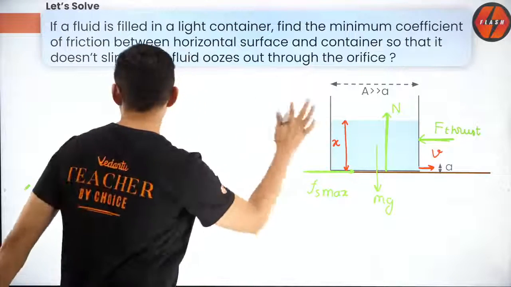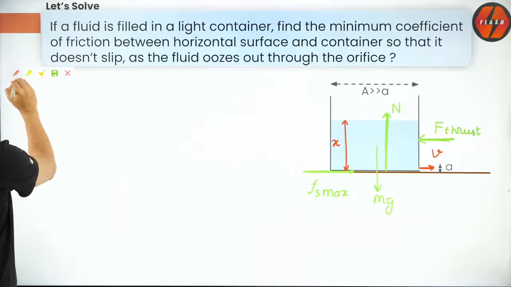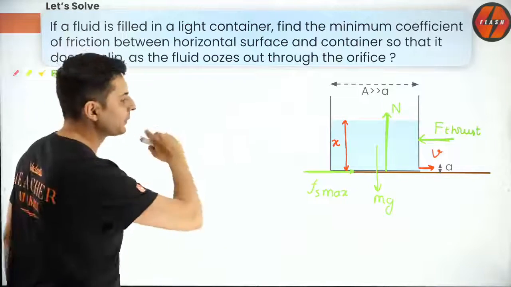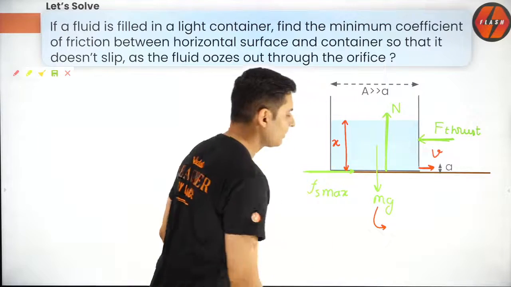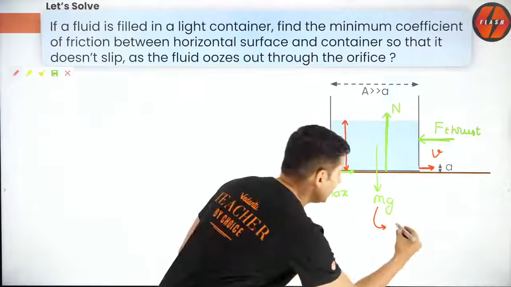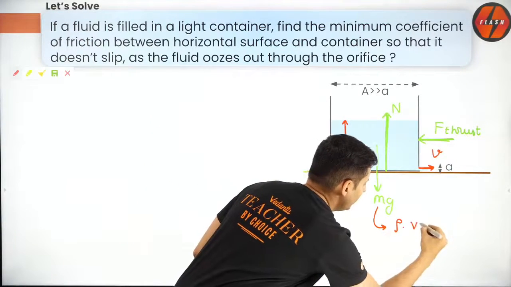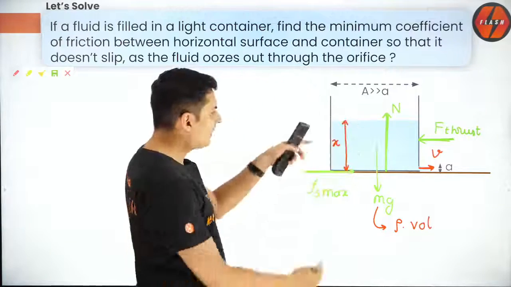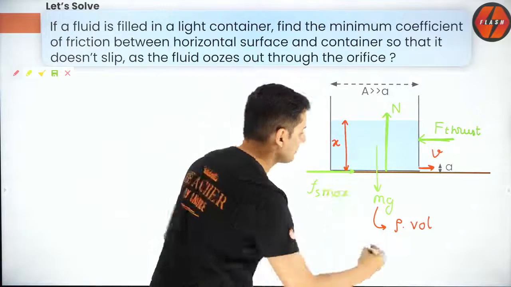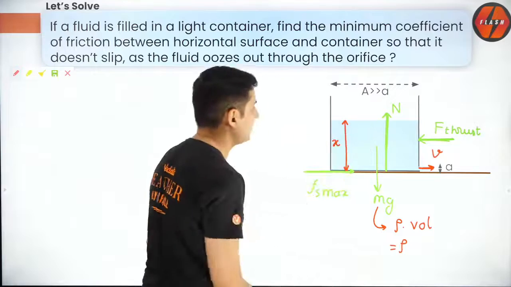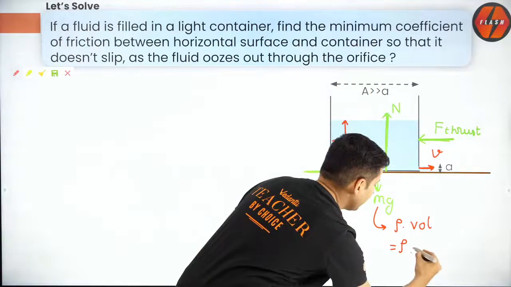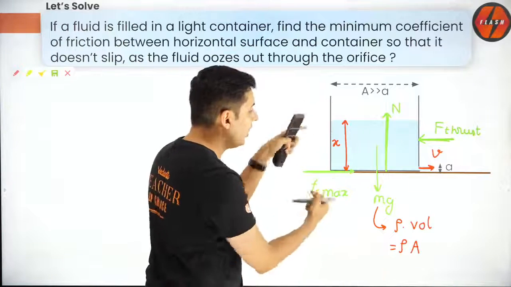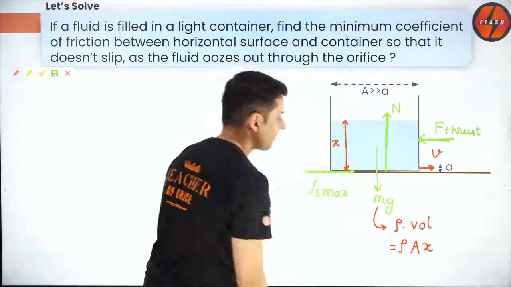So let's do it step by step. You will see after all it's not so crazy. First, think what will be this mass m, guys? This mass will be density into volume. What is the volume of the liquid inside this? The volume of the liquid will be area of cross section into height, which is x.